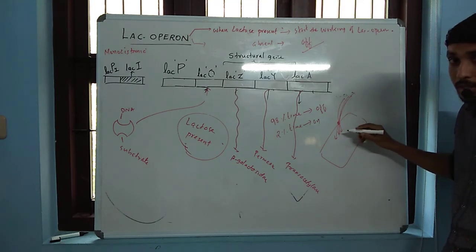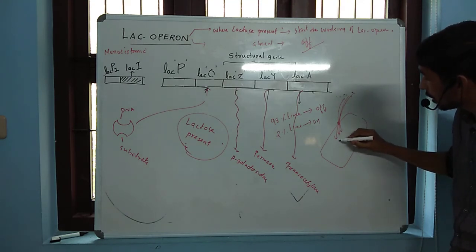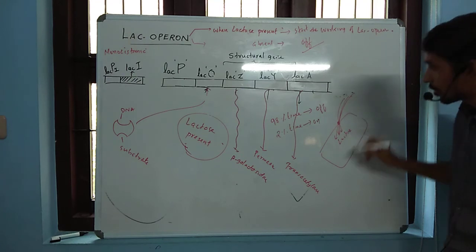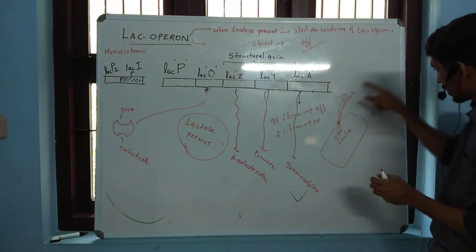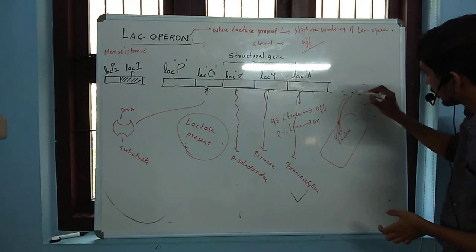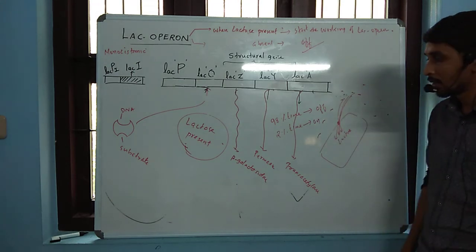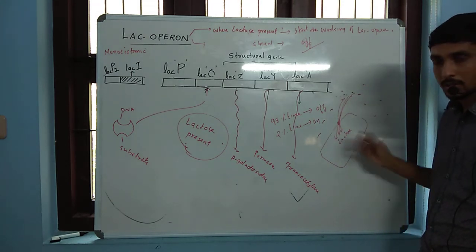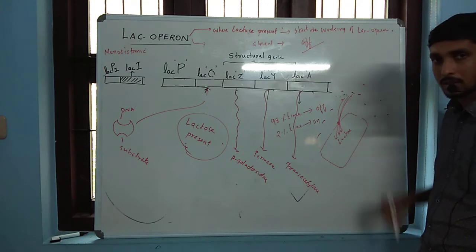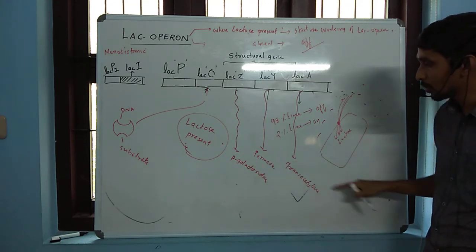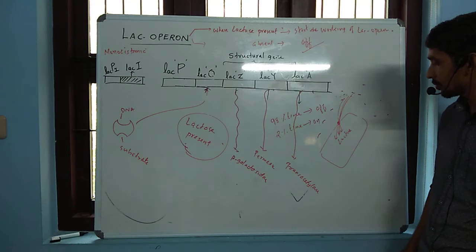So when lactose is present in the external medium, a small amount of permease, which is produced in that 2% time, transports this lactose into the cell.